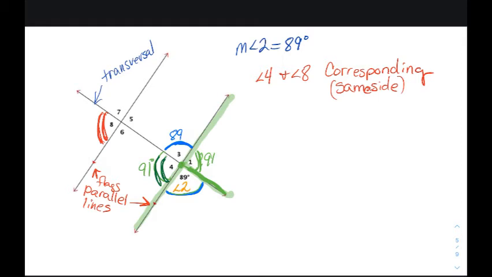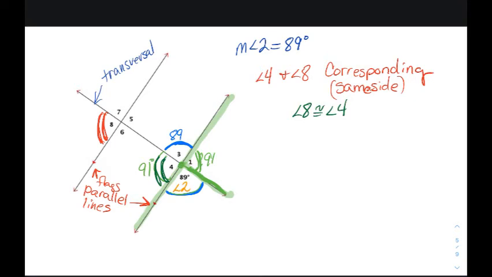So if we already know that angle 4 is 91 degrees, and we know that these two lines are parallel, then we should be able to determine that angle 8 is congruent to angle 4. And that's again the definition.